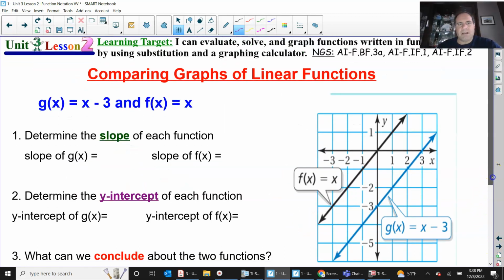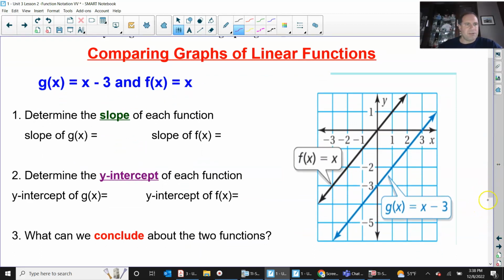Okay, comparing graphs of linear functions. So just remember what you've learned about graphing and slope and y-intercept, that still goes here. It's like y equals mx plus b. That's exactly what this is. So determine the slope of this g of x.